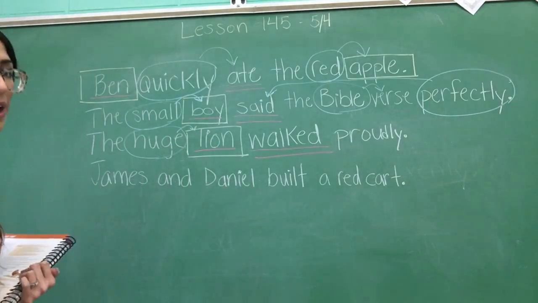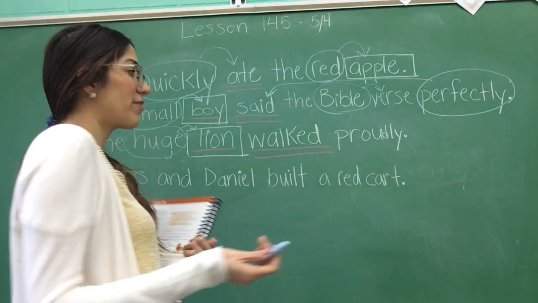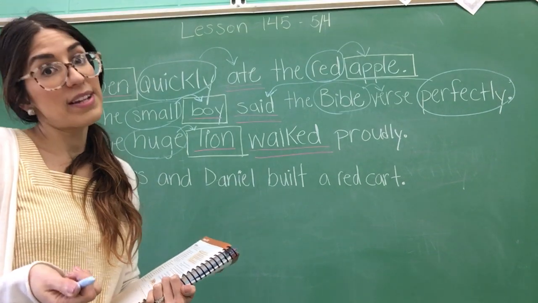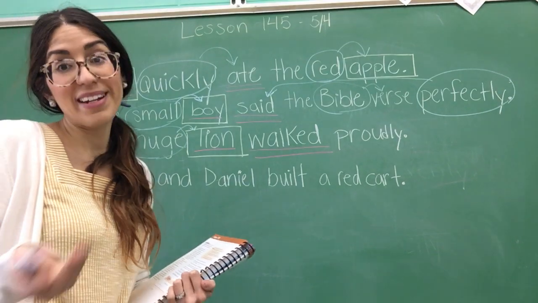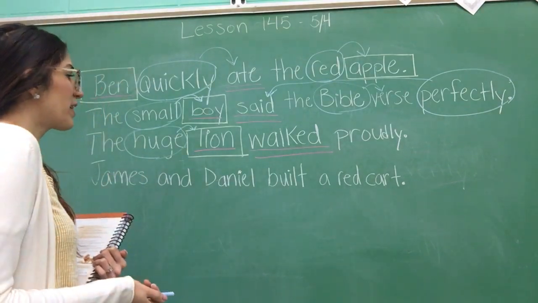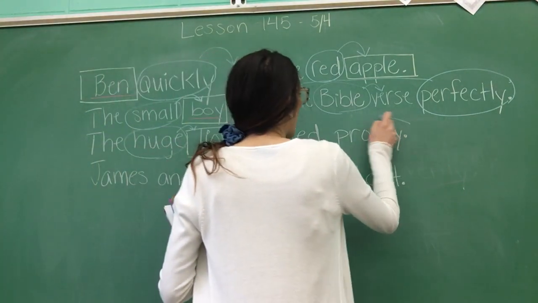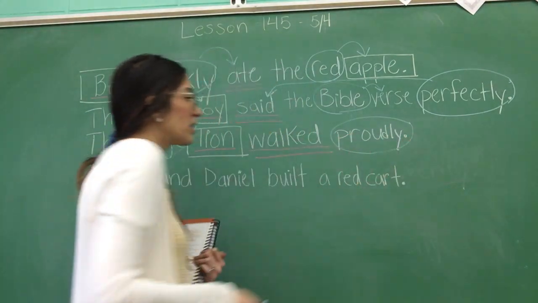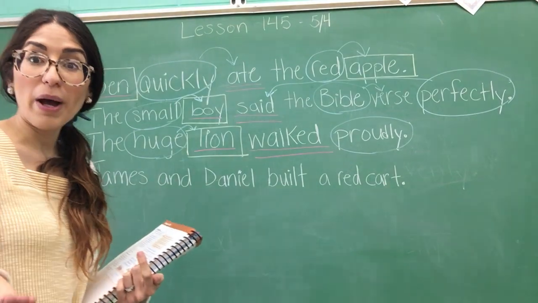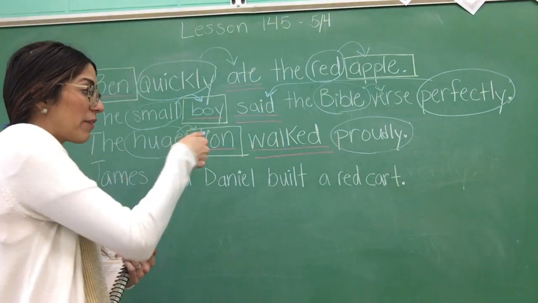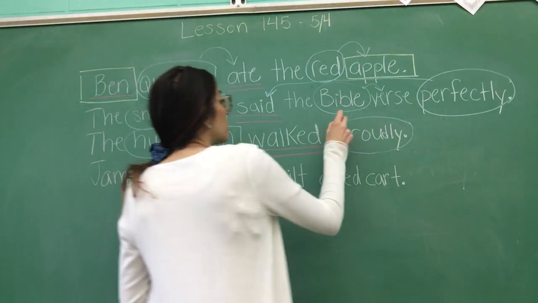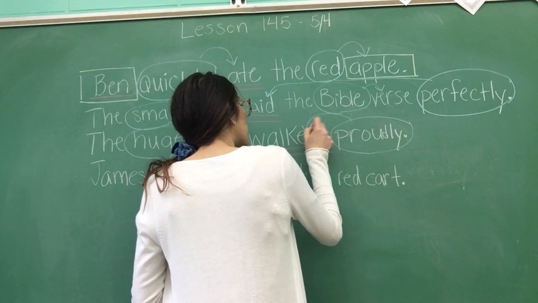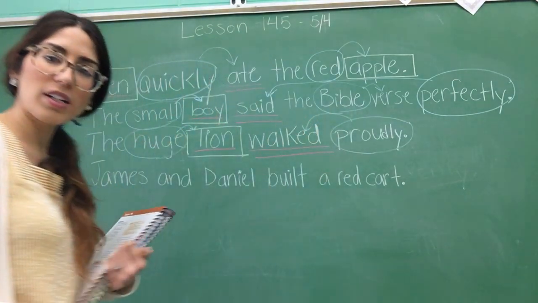A huge lion. Okay, and then my adverb, and we know that adverbs most of the time end in ly, very good. So did you see it? Good, proudly. What does proudly describe? Adverbs describe verbs, so what's my verb? Good. Proudly describes walked. So you draw an arrow to walked.